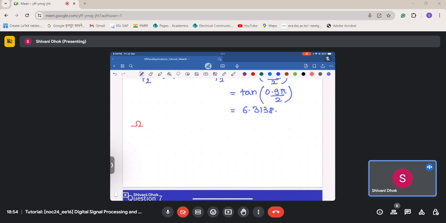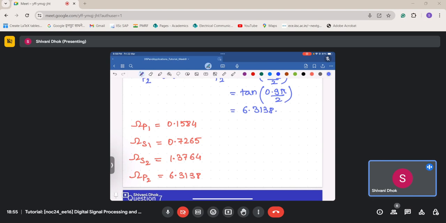So first one is omega P1, which came out to be 0.1584. Then we have omega S1, which came out to be 0.7265. Then we have omega S2, which came out to be 1.3764, and omega P2, which came out to be 6.3138.